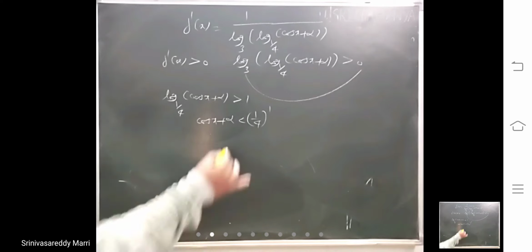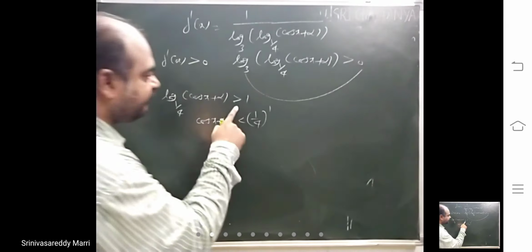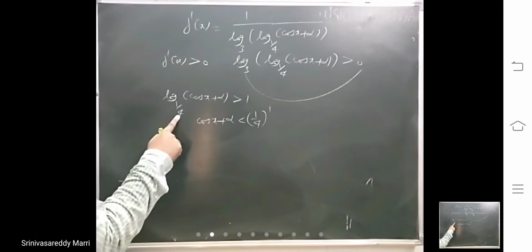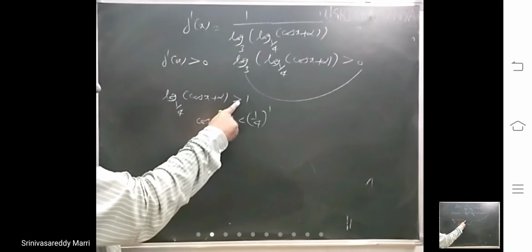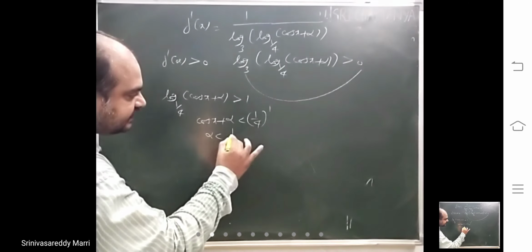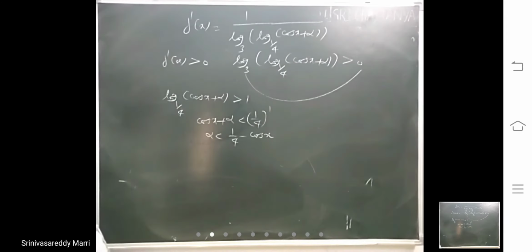Look at them. Whenever you are eliminating, if the base is greater than 1, the same inequality will be there, greater than 3 power 0, which is 1. If you are eliminating with base less than 1, if it is greater than, then less than will come. That means alpha is less than 1 by 4 minus cos x.